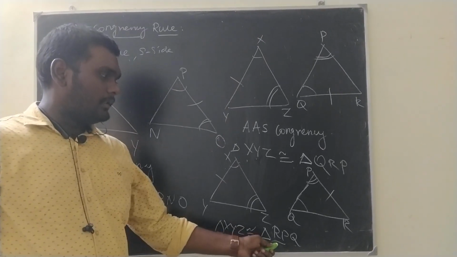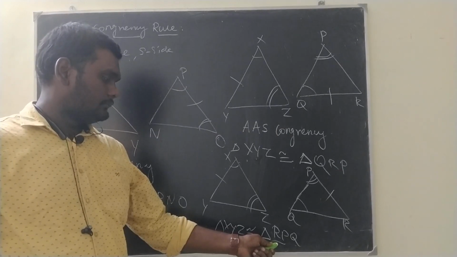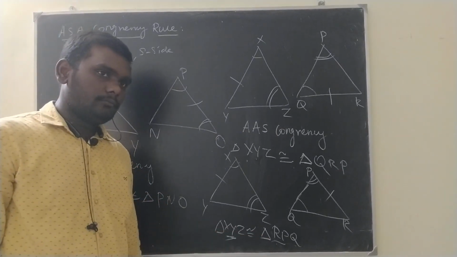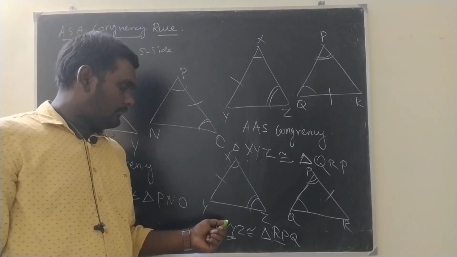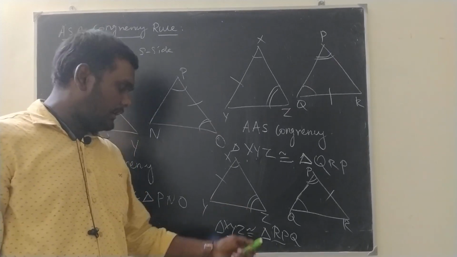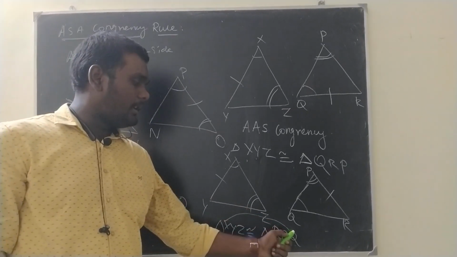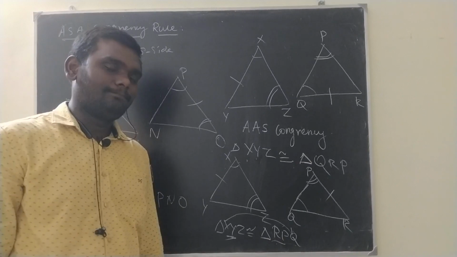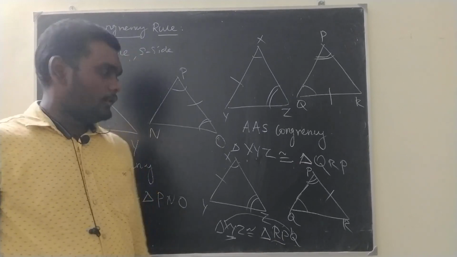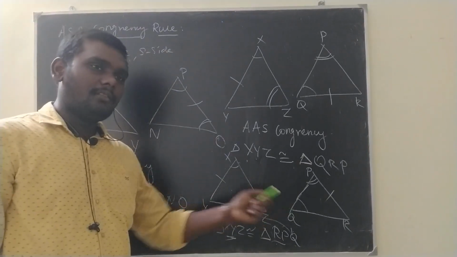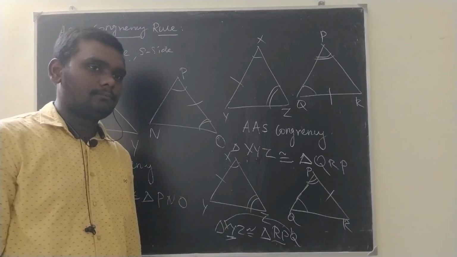XY became RP. Then if we write like this, X will not be equal to Q. So, shall we say these two triangles are congruent in this case?